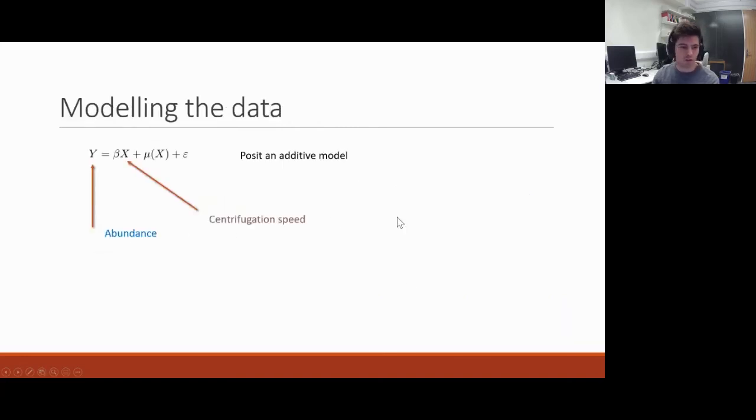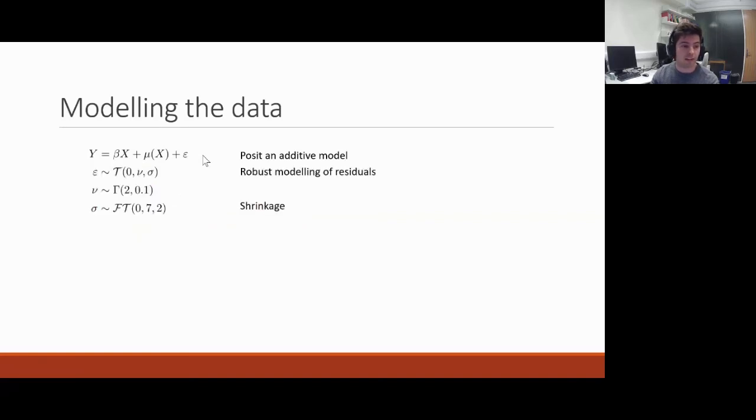I haven't yet told you how we model the data. So our response is going to be the abundance or normalized expression, a number of linear predictors based on centrifugation speed, a smoothing term, plus some noise. Now, quantitative data at the peptide level is very noisy, much noisier than at the protein level.